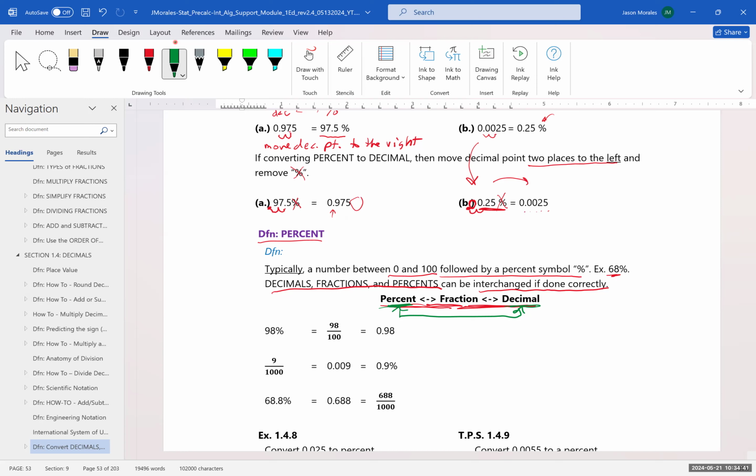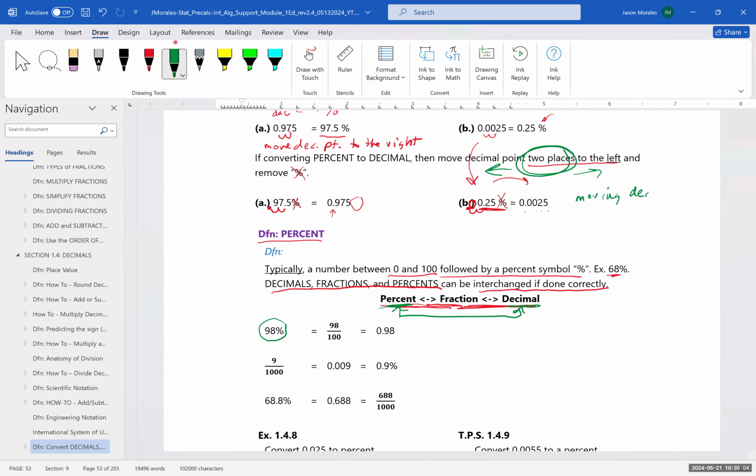But what we haven't talked about is, what if you're starting with a percent? How do you convert that to a fraction? Well, you notice that when we converted a decimal and a percent back and forth, we were moving 2 places, either to the left or to the right.